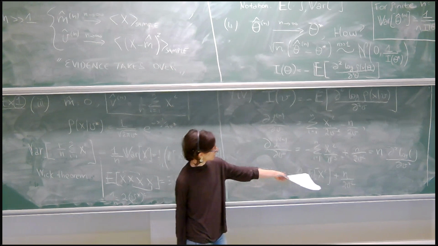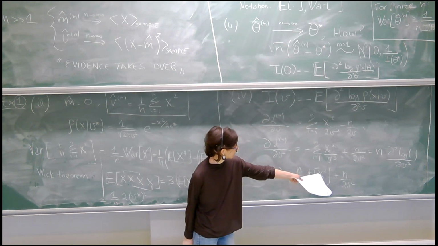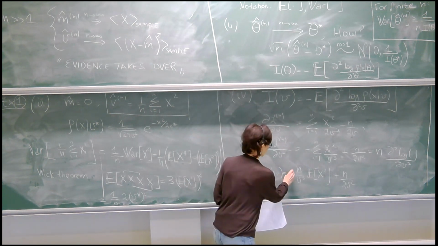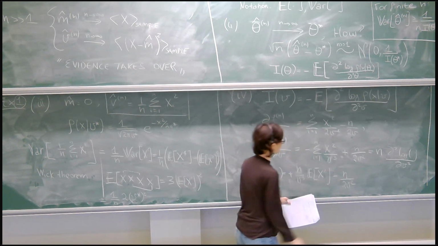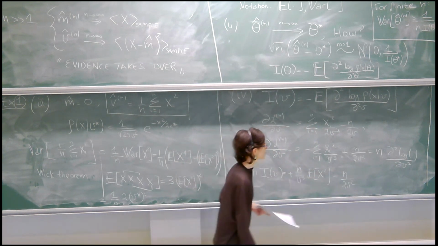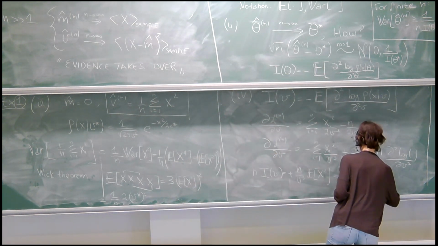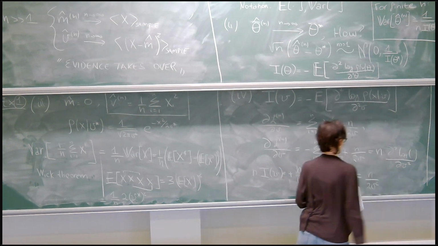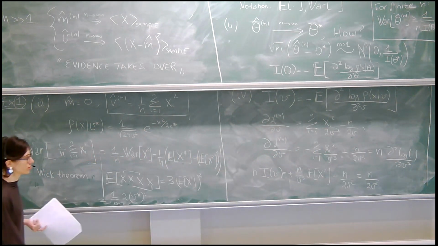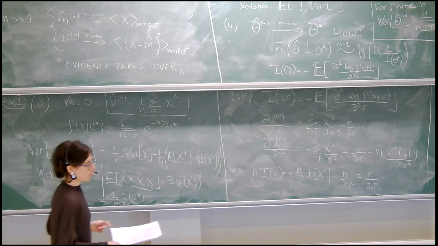And so you see that this will give me an extra factor of v. So I will have, and I add a minus that I didn't account for, n over v squared minus n over 2 v squared. So the result is n over 2 v squared. And this is n times the Fisher information.